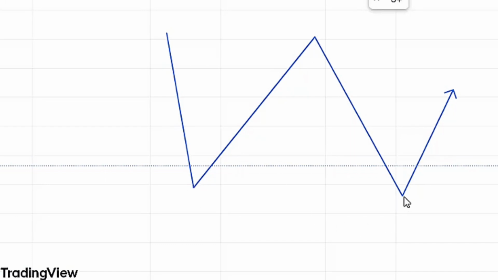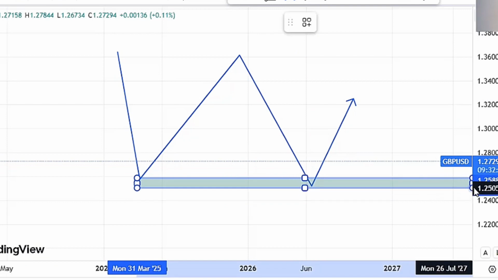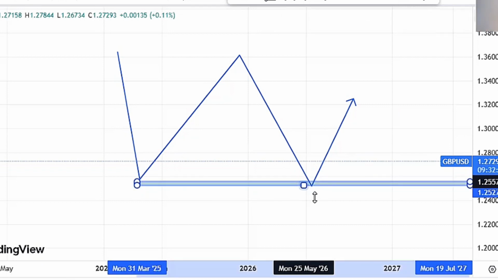And the same thing repeated here. So that made this place a very good zone. And what is this zone? This zone is the support. So automatically, this is the support area. We take this as our support.